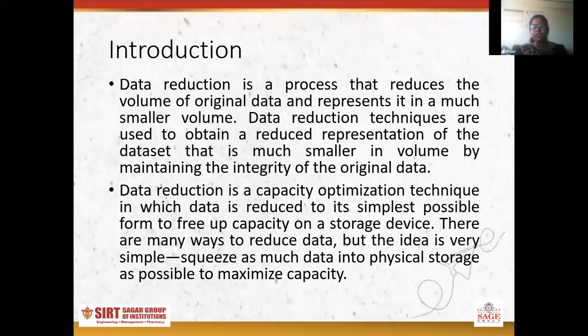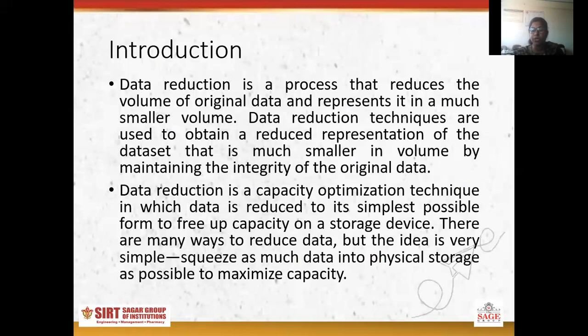Data reduction is a capacity optimization technique in which data is reduced to its simplest possible form to free up capacity on a storage device.